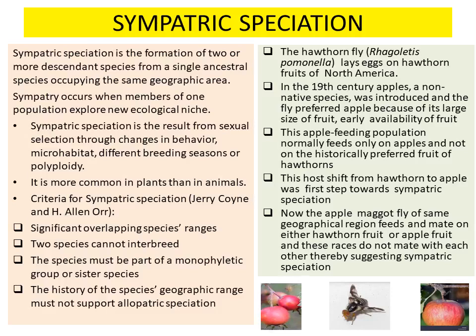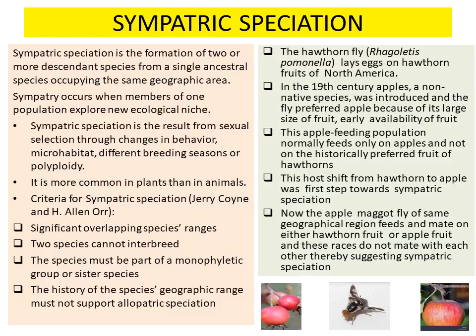Now, a very good example is the hawthorn fly and the apple fly. Now what happens? In North America, there was the hawthorn fly which lays its eggs on the hawthorn fruit. Hawthorn fruit is a small fruit, right? Apple was introduced in the 19th century. It is not a native species.